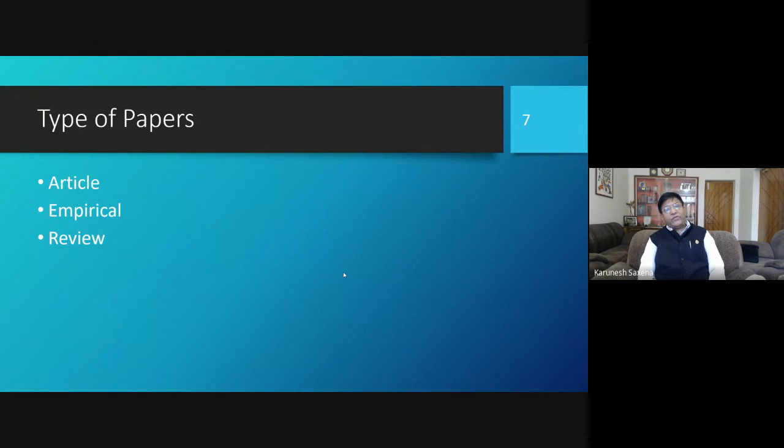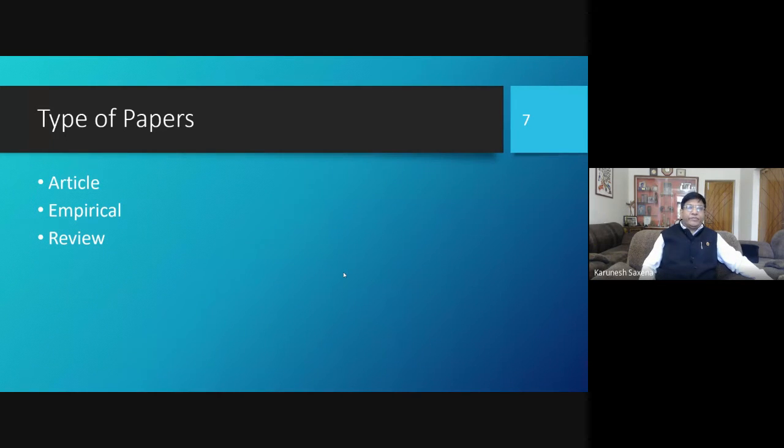Then, as academicians, we can also write research articles. Research articles means we select a contemporary and relevant topic, an emerging topic, and then based on that topic we do citations and write a paper with references.